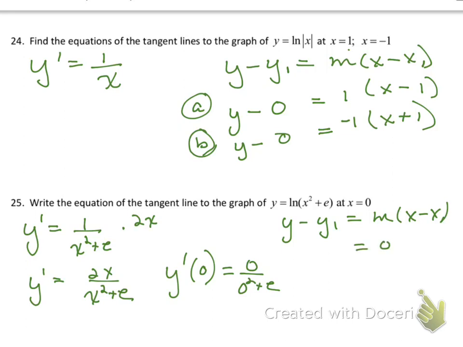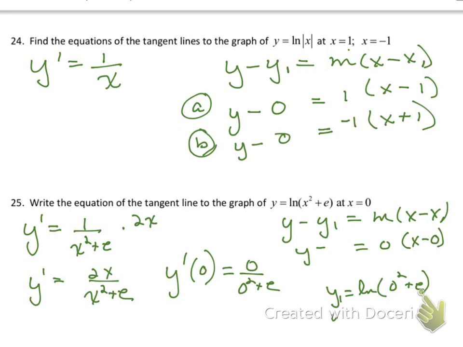So this is 0. What is x? Well, x1 is also 0. Okay, so then I have y minus y1. Okay, so y1, let's figure that out. So if y equals natural log of 0 squared plus e, so that's y1.